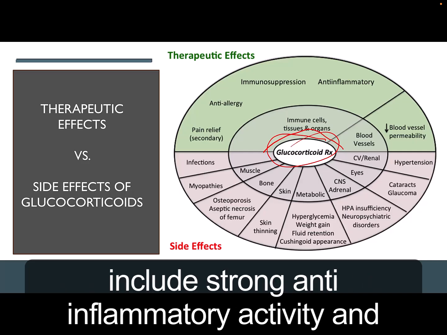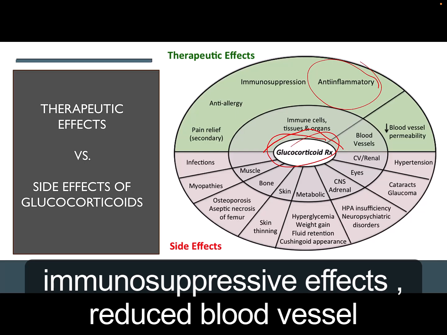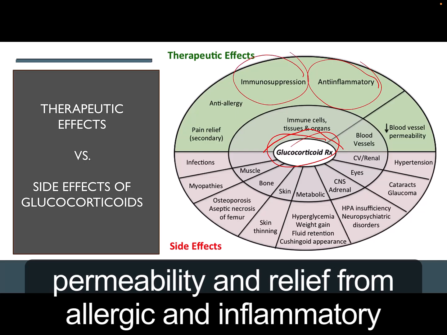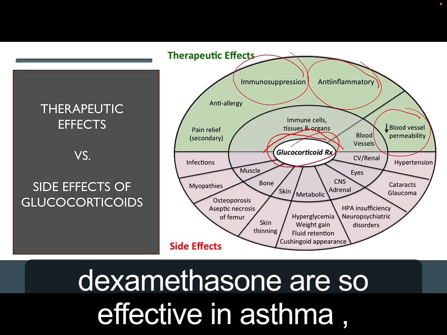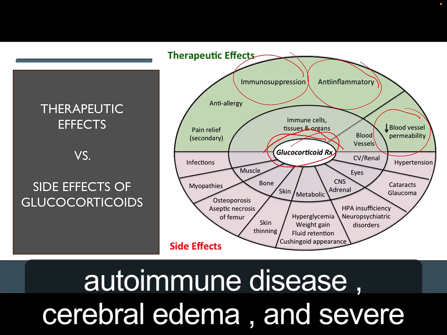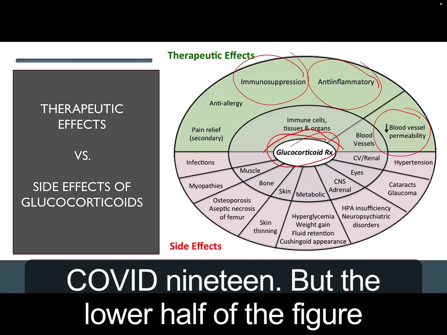These include strong anti-inflammatory activity and immunosuppressive effects, reduced blood vessel permeability, and relief from allergic and inflammatory symptoms. This is why drugs like prednisone and dexamethasone are so effective in asthma, autoimmune disease, cerebral edema, and severe COVID-19.